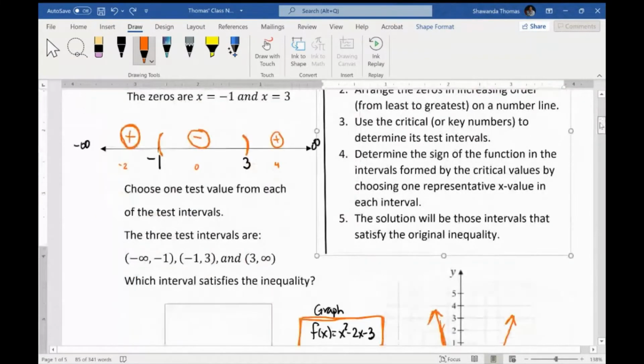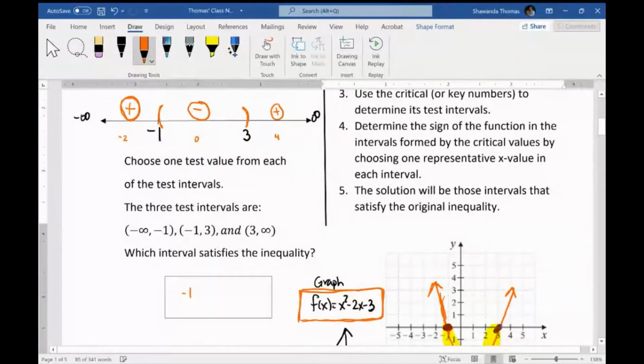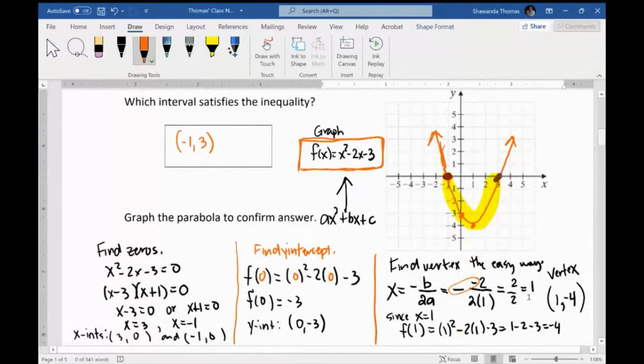This is the answer. That makes sense because when we graphed it, what numbers were below the x-axis? The numbers between -1 and 3. So that's the answer.